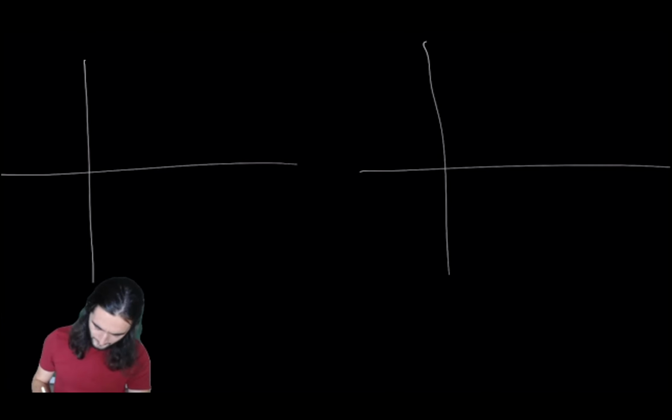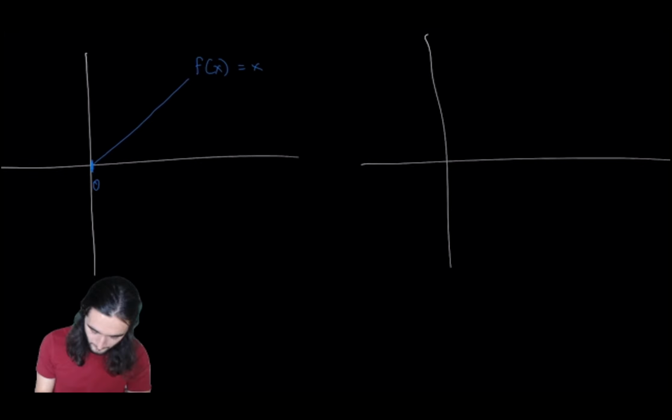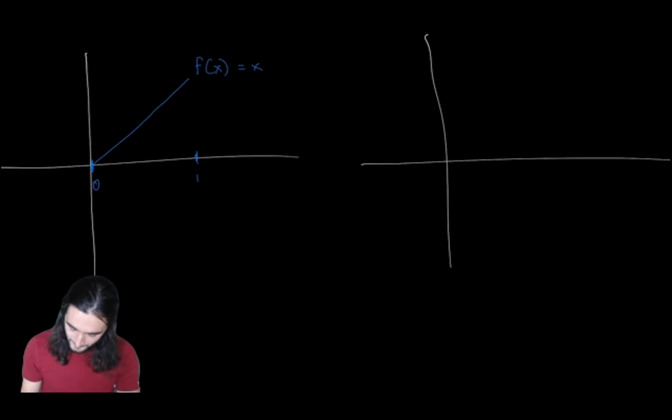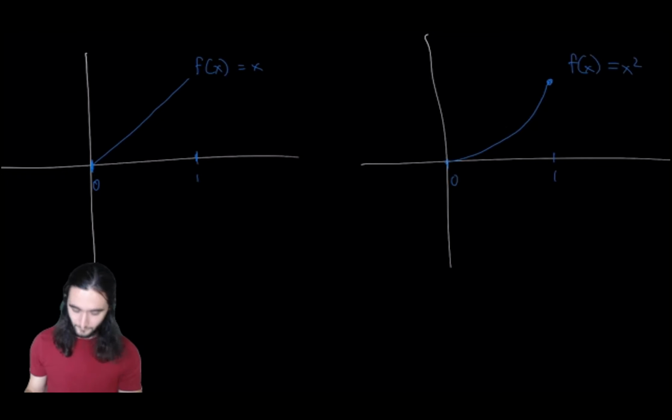So consider these two curves. Let's say this one, or I should say f of x, is from 0 to 1, versus this other curve, also from 0 to 1.